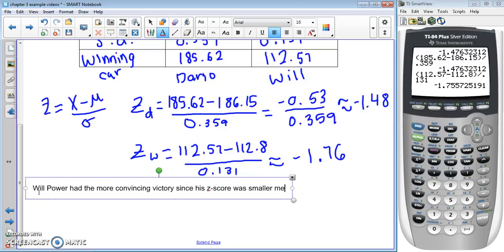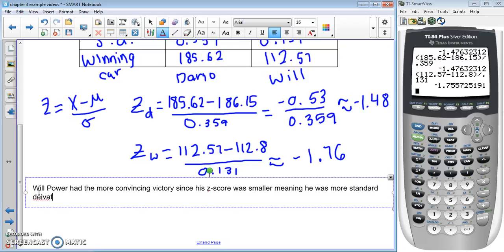So it's smaller, meaning he was more standard deviations below the mean, which means he was relatively faster, right?